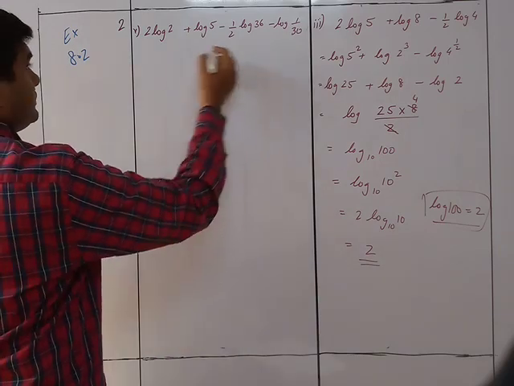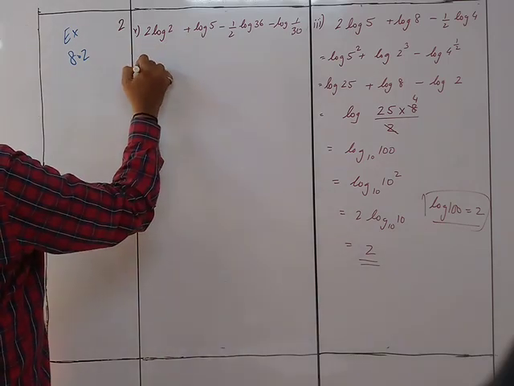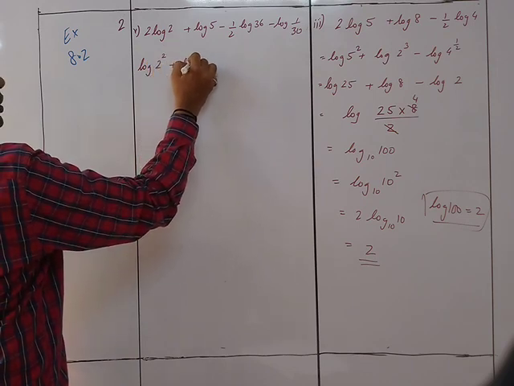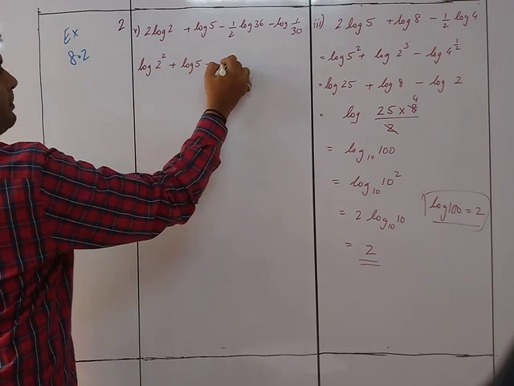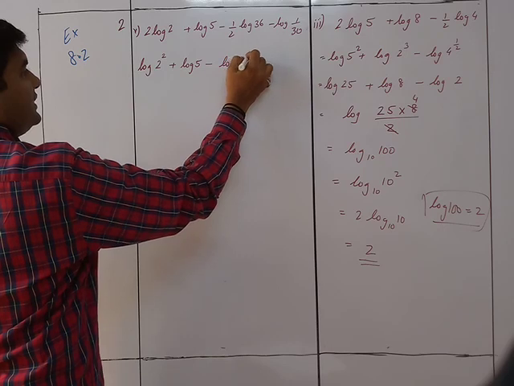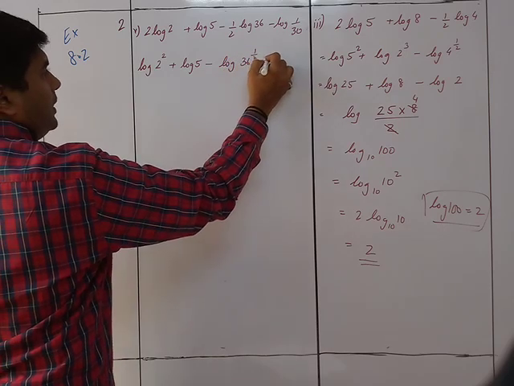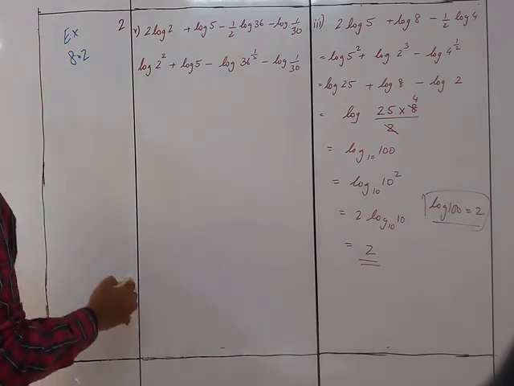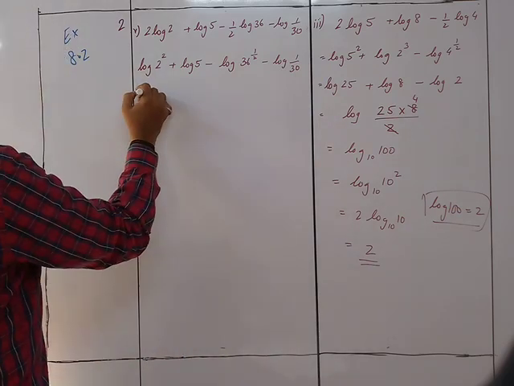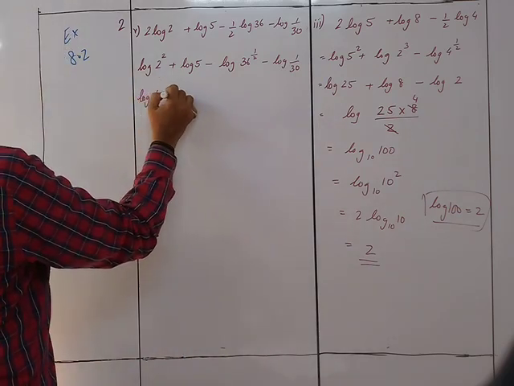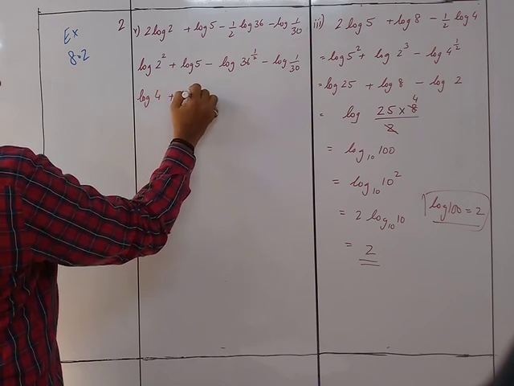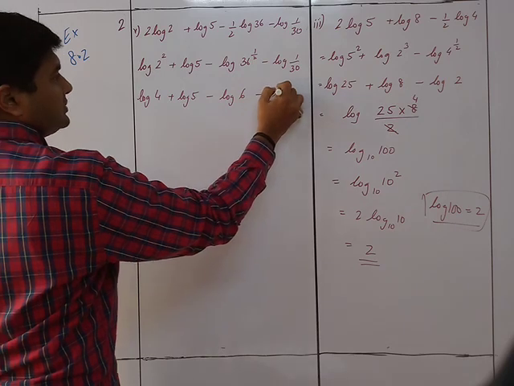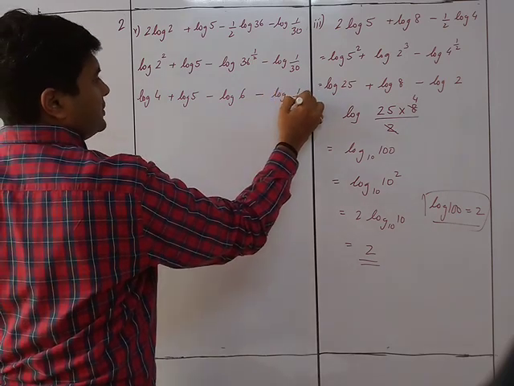Okay. So this is nothing but log of 2 square plus log of 5 minus log of 36 raised to 1 upon 2 minus log 1 upon 30. So this is log of 4 plus log of 5 minus log of 6 minus log of 1 upon 30.